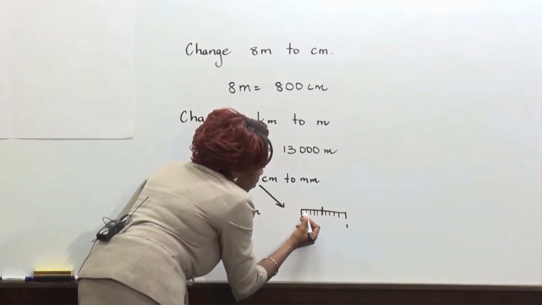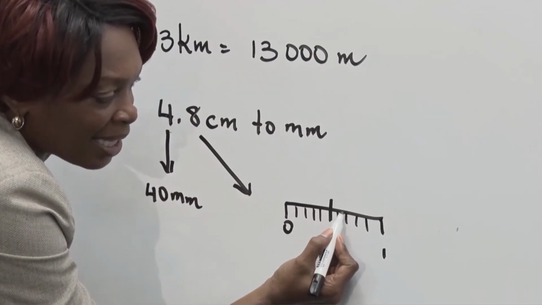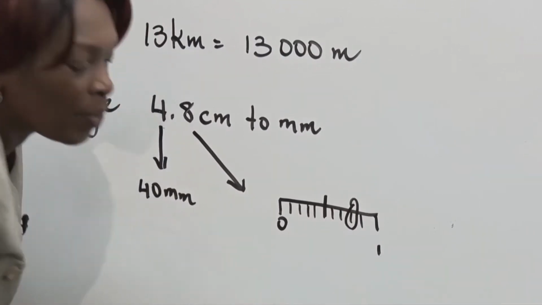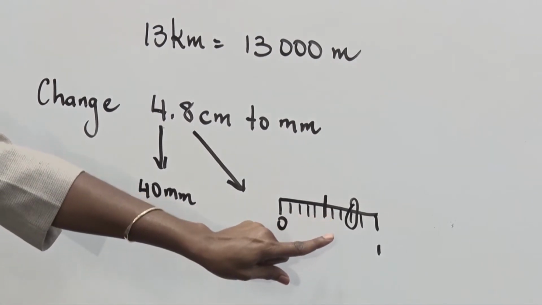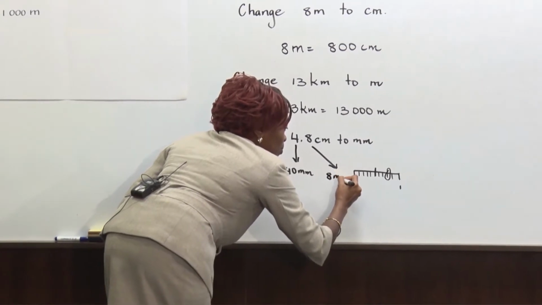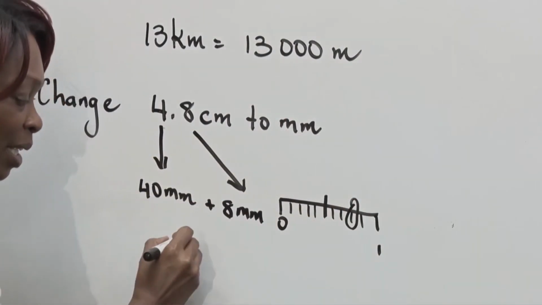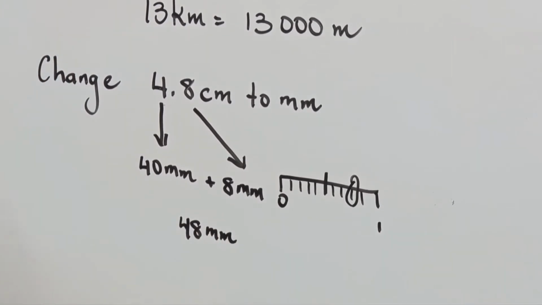Count with me now. 1, 2, 3, 4, 5, 6, 7, 8. If you notice very carefully, this represents the 8 millimeters. So I'm going to put that here now, which gives us 48 millimeters. Do you have it? Excellent.